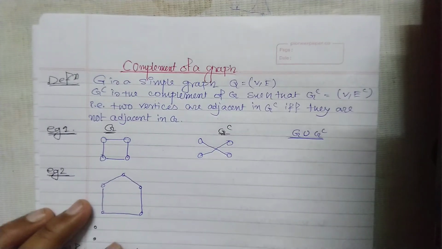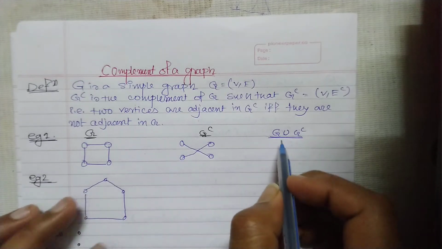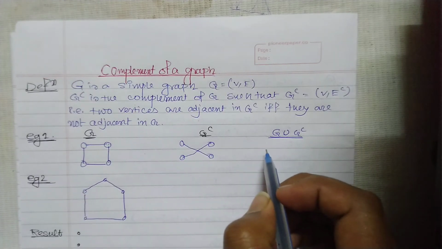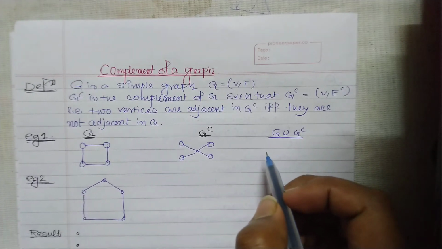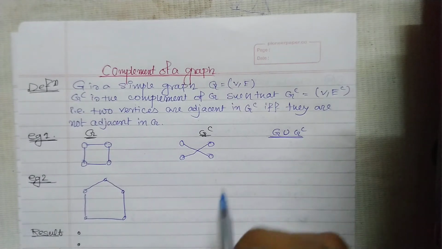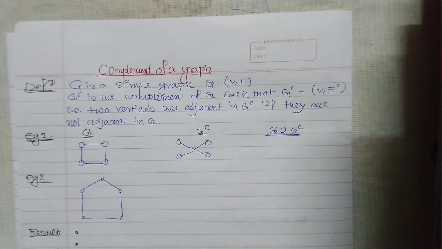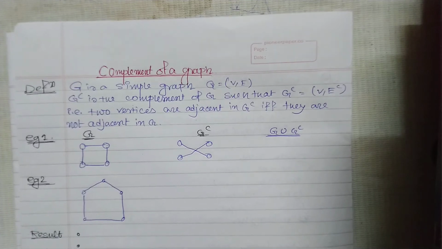Okay, now there is one other term, that is union. You have studied union and intersection in set theory, so there is nothing new to explain about it. But I can give one example of union also.